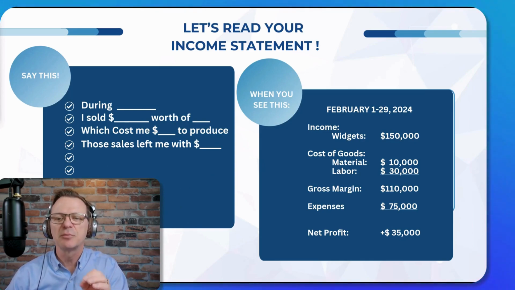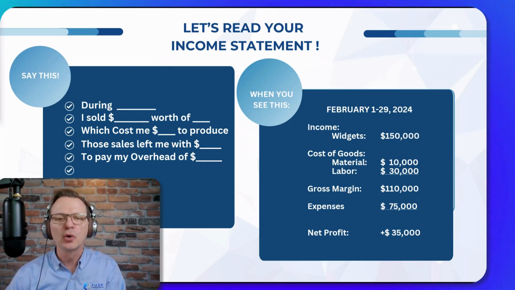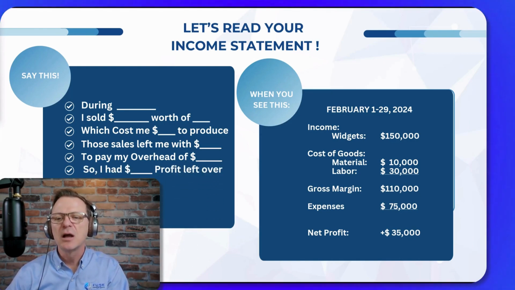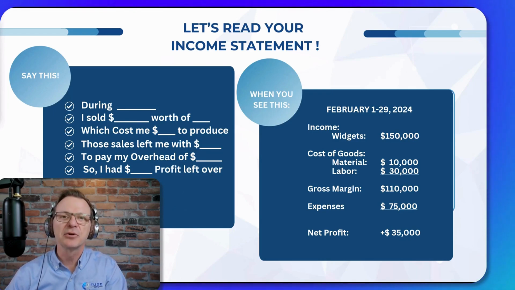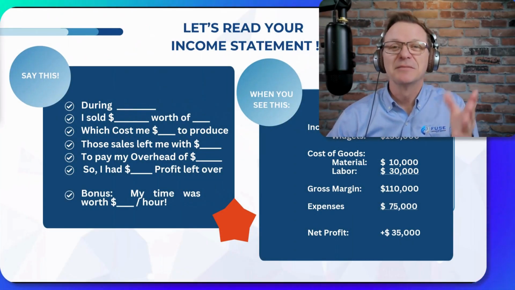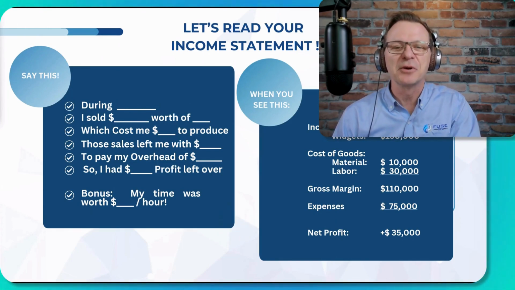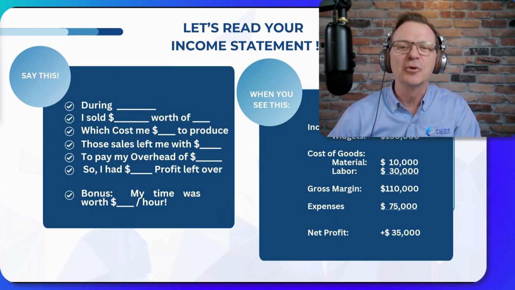Those sales left me with $110,000 to pay my overhead expenses of $75,000. That's your total overhead expenses. So I had net profit of $35,000 left over. It's really just that easy. As a bonus, you spent 160 hours in the business, divide that into your profit of $35 an hour, and you'll find out what your time is worth.